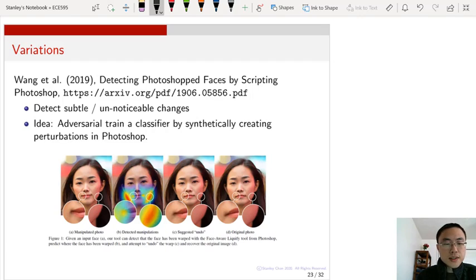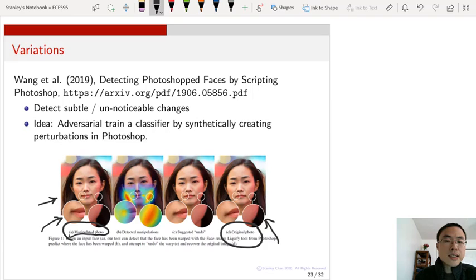The problem says that this is the manipulated photo, and what they want to do is detect what has been changed with respect to the original photo. So here's the original photo. You can see that the face of this person is changed in the manipulated photo. And this subtle change is not noticeable if you just show this image to a person.